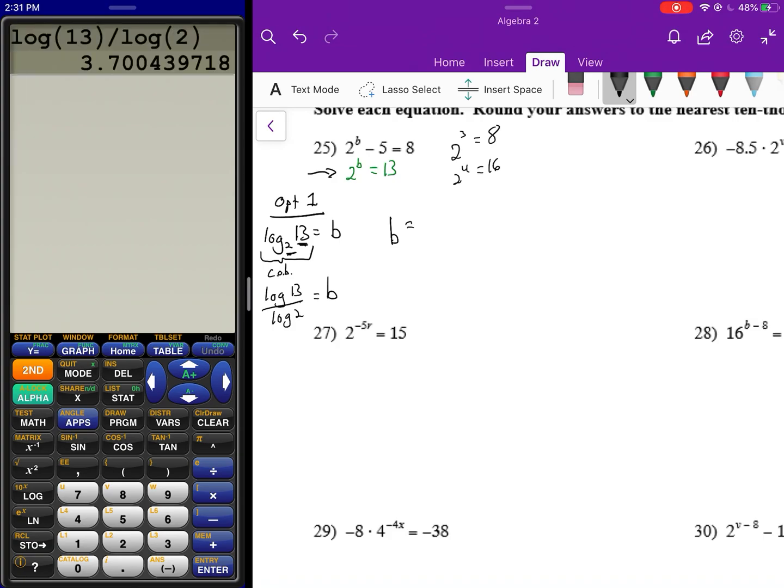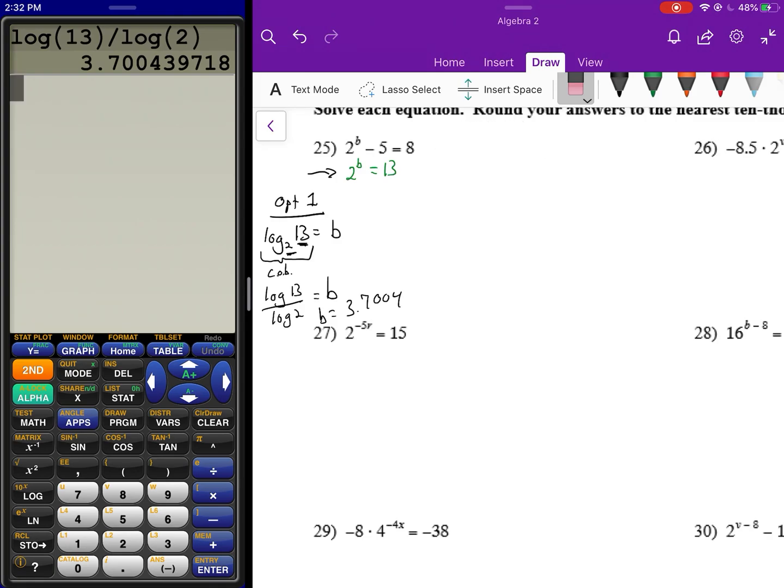So now I will hit enter, and you will see that it is 3.7. It says round to the nearest 10,000th, so actually we're going to put 3.7004. That's the 10,000th place. So that is b. I should have written that down here because I'm doing another option here for how to solve this.